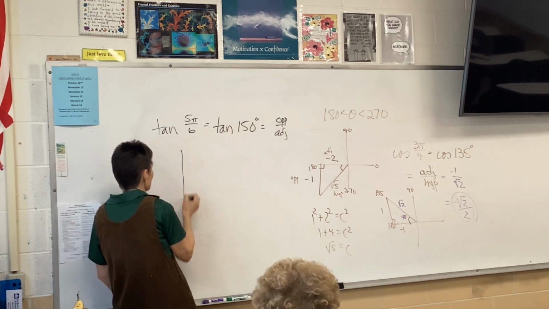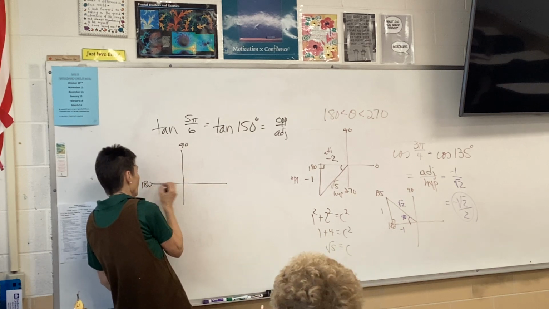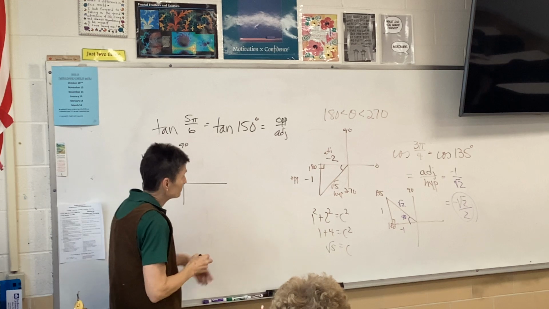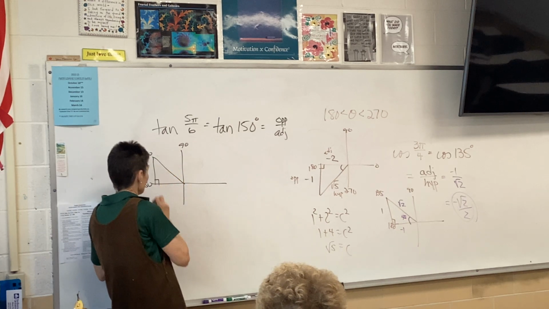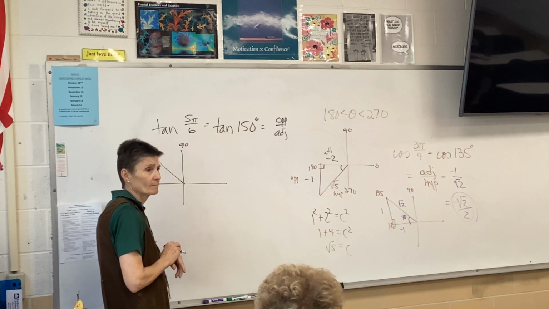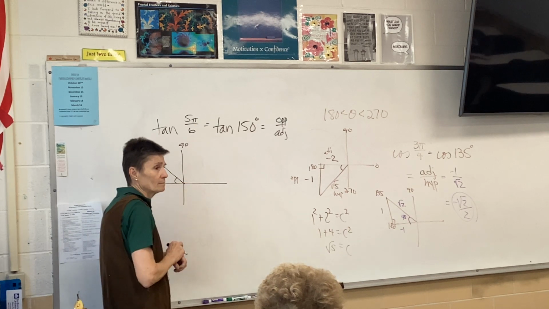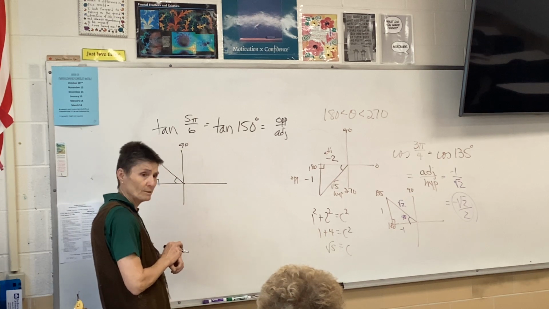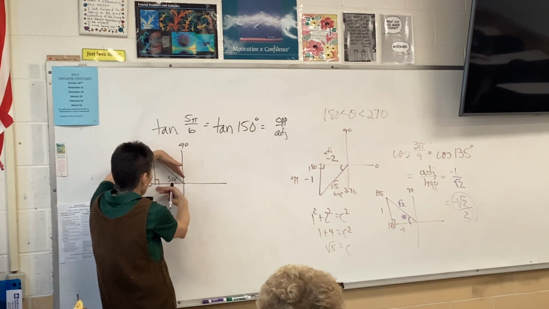So I'm going to draw my picture. This is 90, this is 180. Won't 150 also be over here, like 135 was over here? I'm going to drop that perpendicular down. That's the angle I want. It's 30 degrees. Kids, it's so easy. 150 to 180.